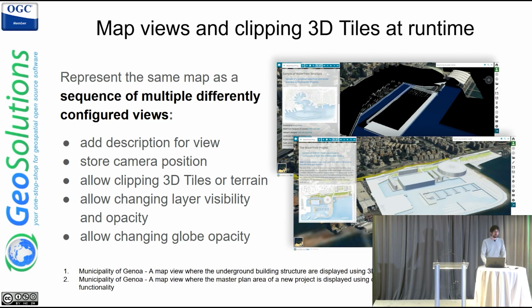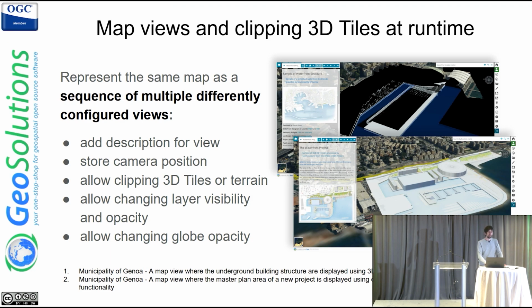One of the requirements from the contributors was the implementation of map views. The use case that was often requested is that we have 3D tile assets, which are static assets that represent the current situation of the city. In the image on the right, you see the city of Genoa.